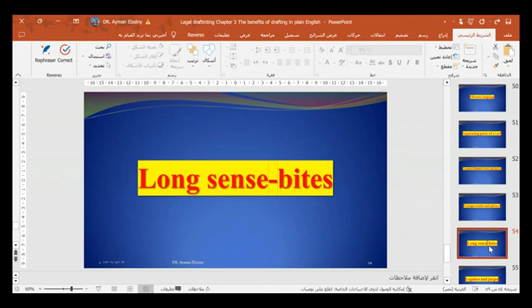Long sense bites. Another characteristic of traditional English drafting is long slabs of unbroken text.